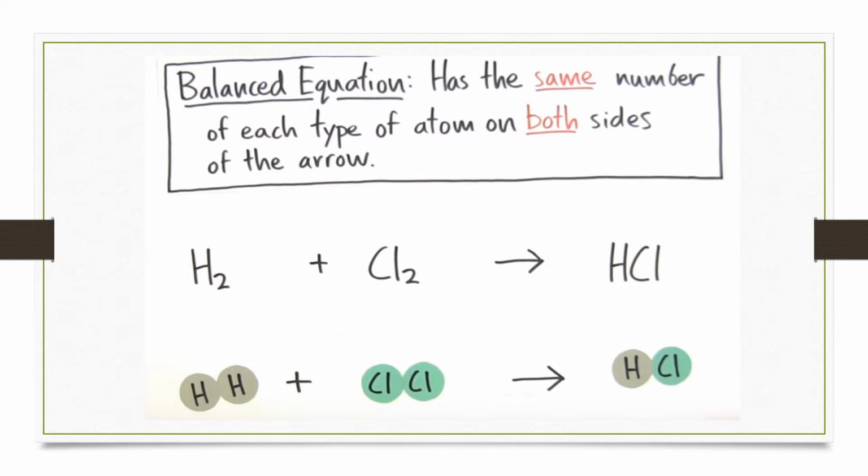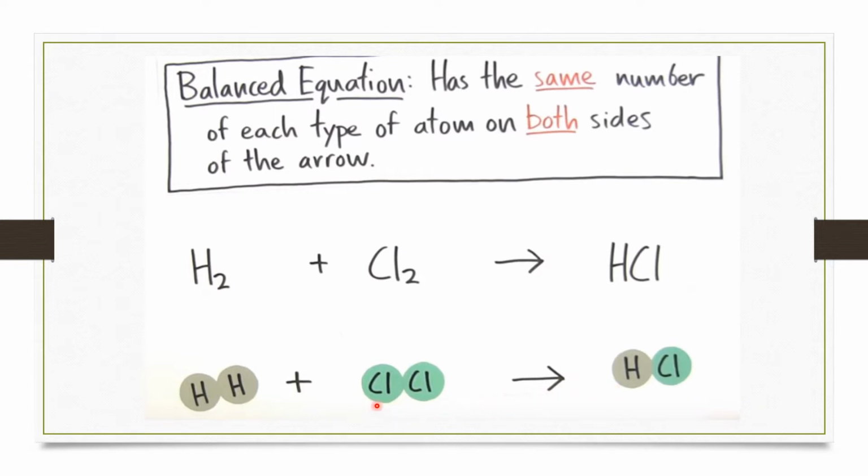Remember that a balanced equation has the same number of each type of atom on both sides of the arrow. So, let's count the number of atoms on each side of the arrow in this reaction. On the reactant side, there are two atoms of hydrogen, while on the product side, there is only one atom of hydrogen.